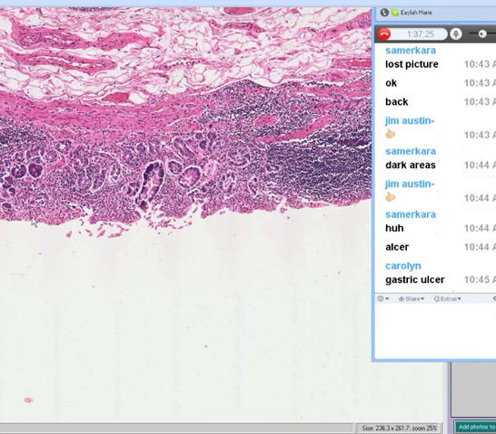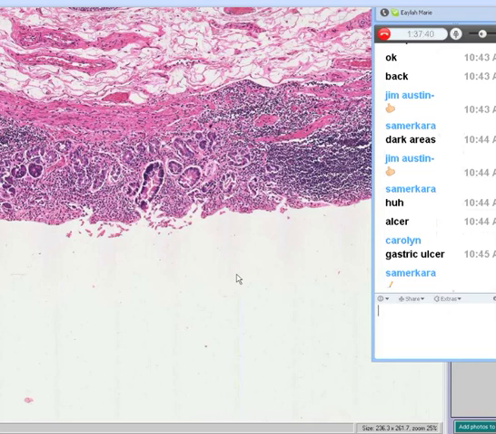Well, you know what? I think the word ulcer would probably be appropriate if you could document the fact that a lot of this mucosa or epithelium is eroded or lost. This could very easily be a superficial ulcer. But Carolyn, I want you to get even more basic than that.